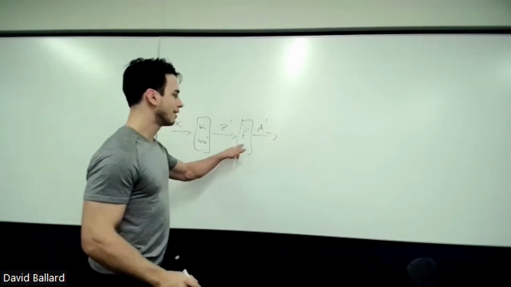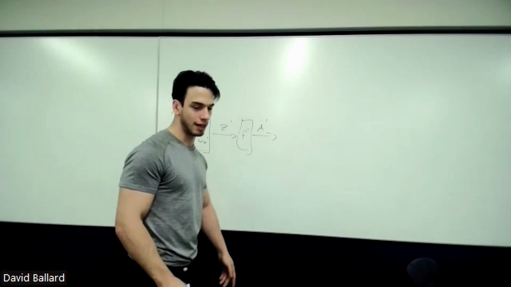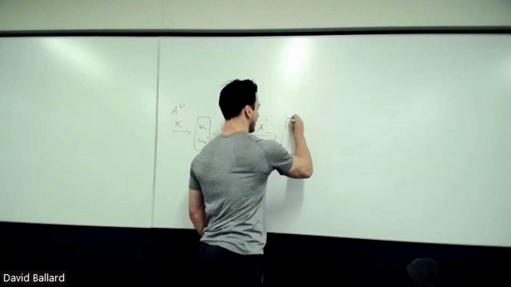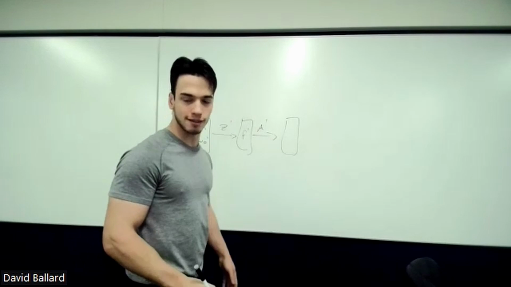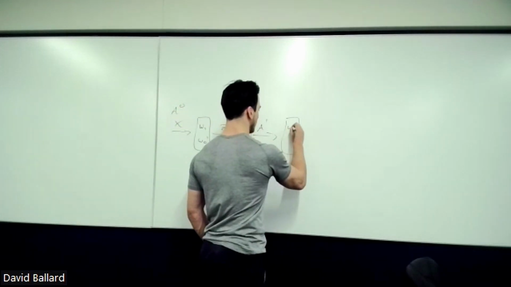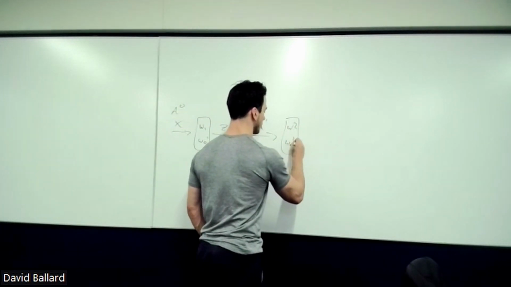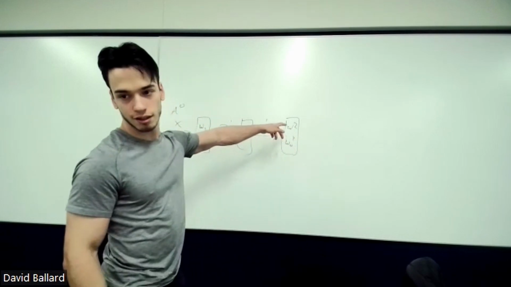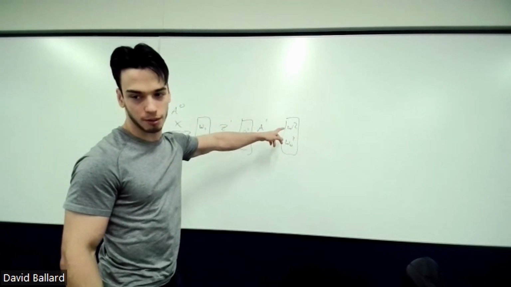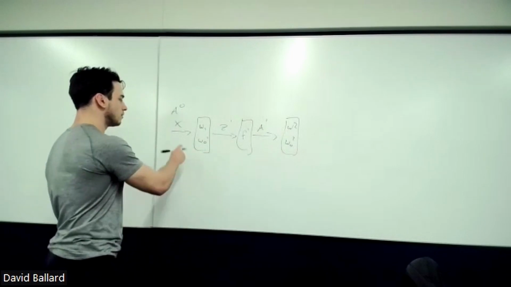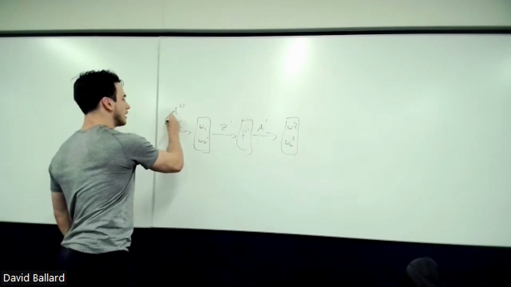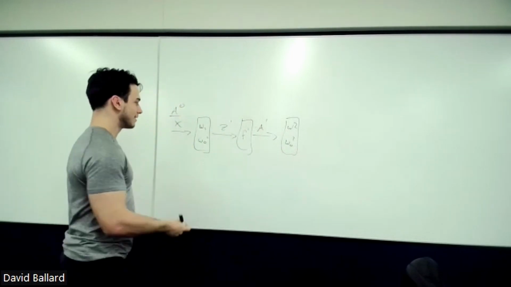So we're going to continue the diagram. The output of our first activation function is A1, which is then going to be inputted into our next layer, W2, W02. So our second layer with weights W2 and bias W02. So you see now how the input is really A0 because it's the same thing.